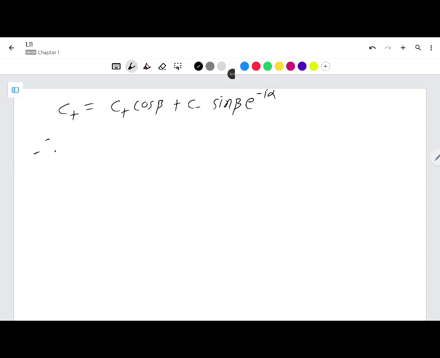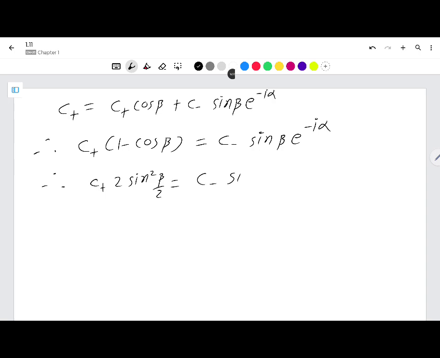We get C plus times 1 minus cos beta equals C minus sine beta e power minus I alpha. This will give me C plus times 1 minus cos beta, which is 2 sine square beta by 2, equals C minus sine beta e power minus I alpha.